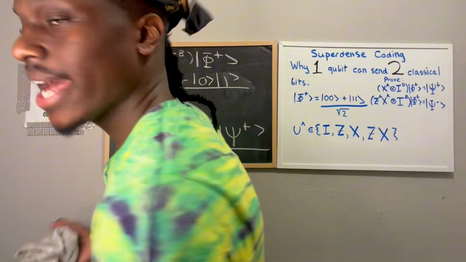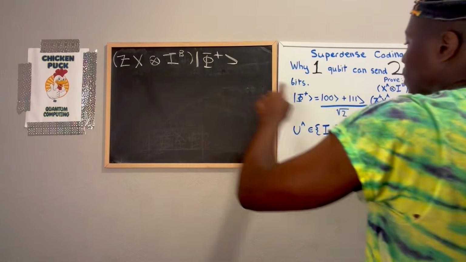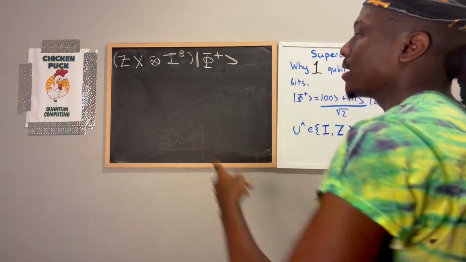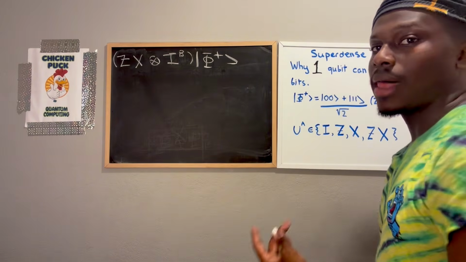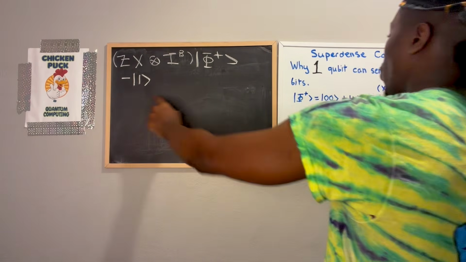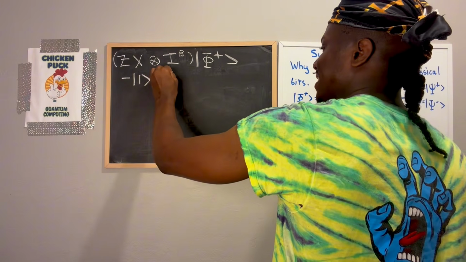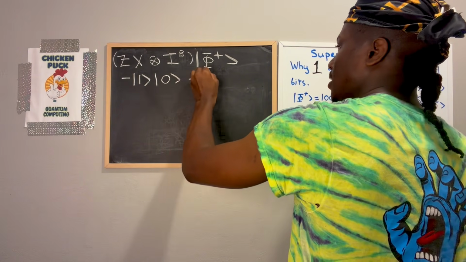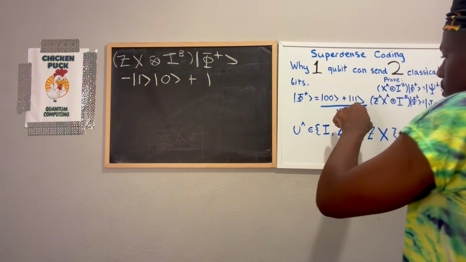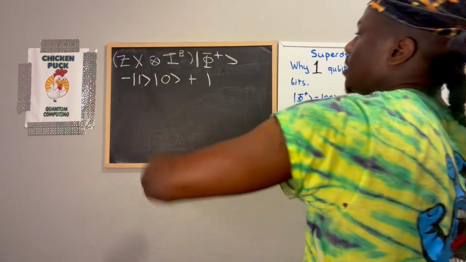Now let's do ZX. So the X would go first, and then the Z. So then X acting on 0 would give 1. Z acting on the 1 will apply a phase of -1. We're going to get negative ket 1 for Alice's qubit here. B will be left alone, so we're going to get 0. Then we're going to plus with X going onto Alice's qubit here. We get a 0, and then applying the Z does nothing.